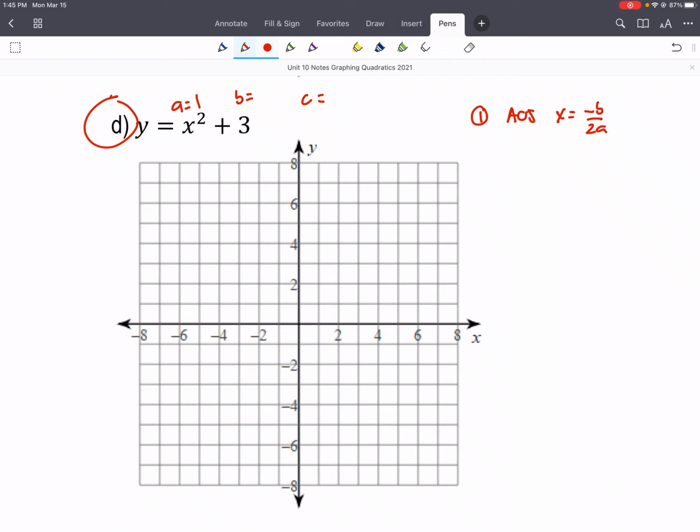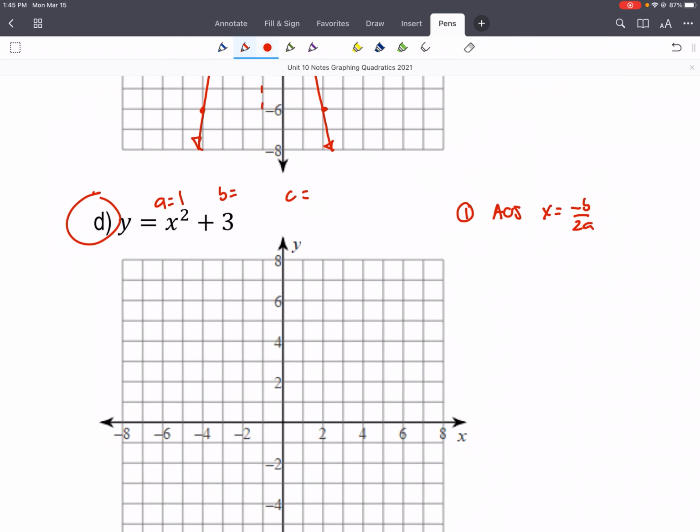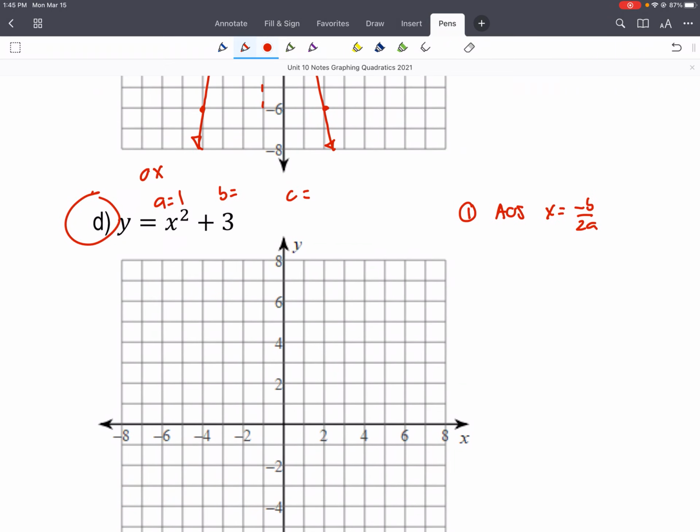Our standard form is, maybe we should write that down, ax squared plus bx plus c. So what is this? Well, 3 doesn't have an x with it, so it's got to be your constant.